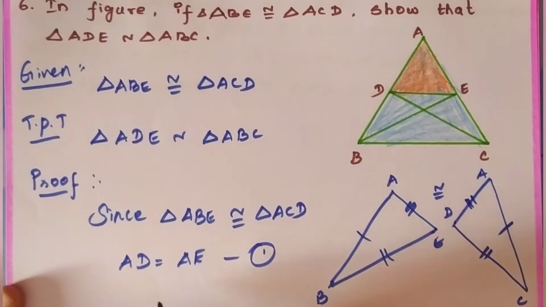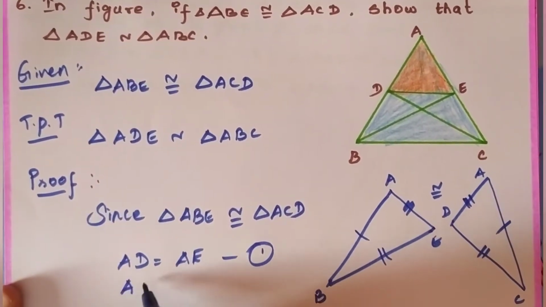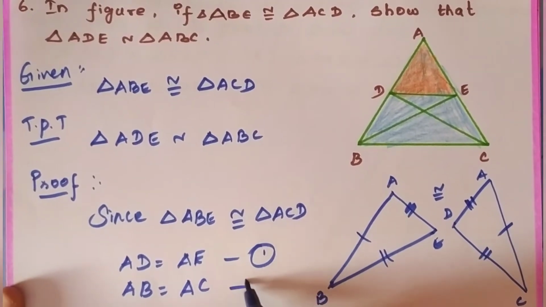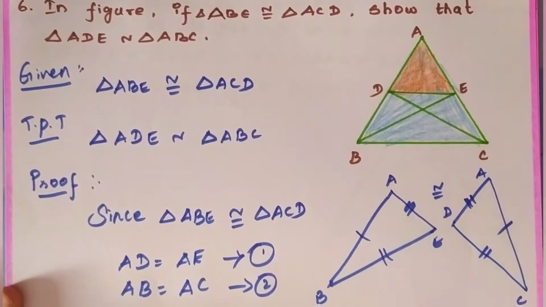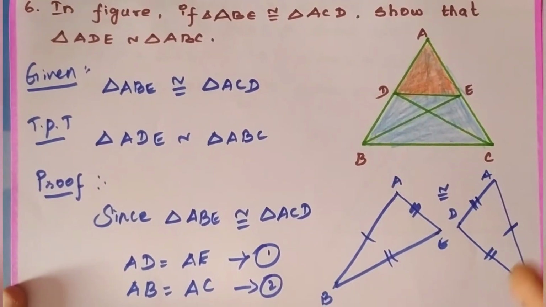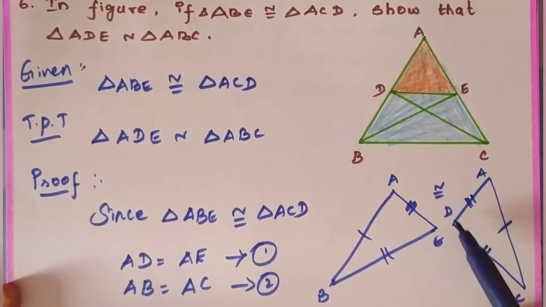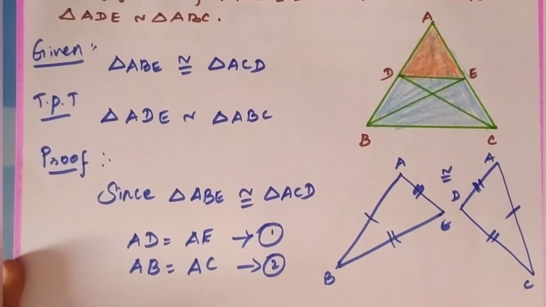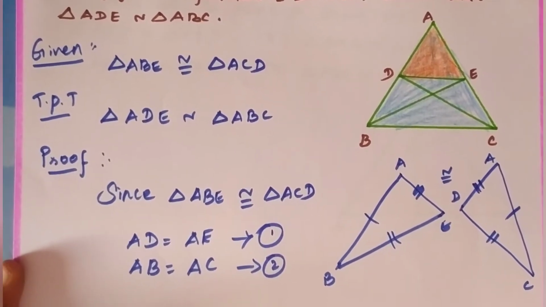And then next one is AB is equal to AC, and I have taken the two sides of the triangle only, AD is equal to AE, by the property of congruent triangles.